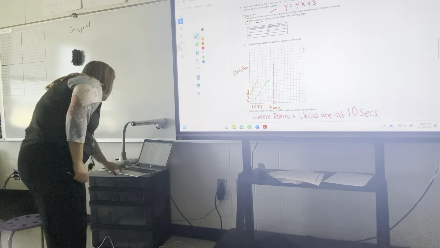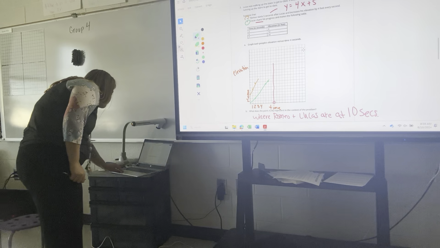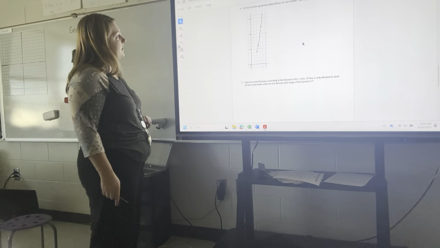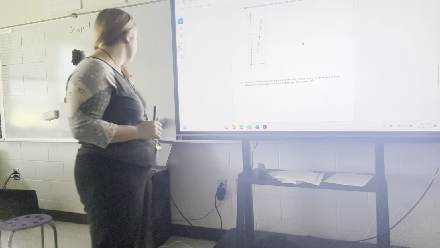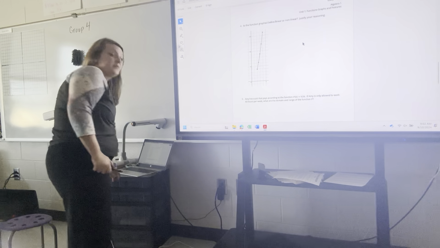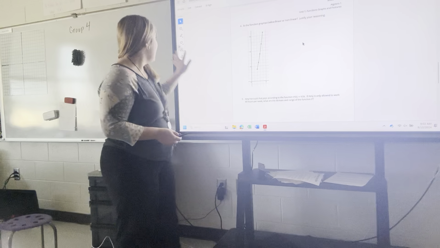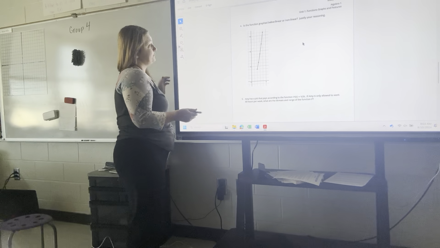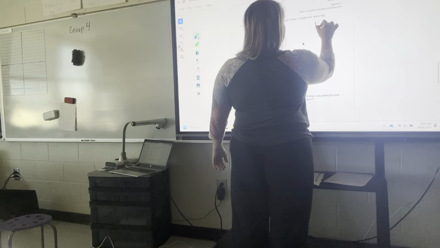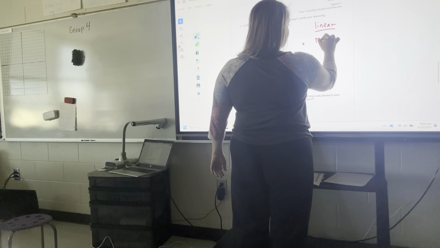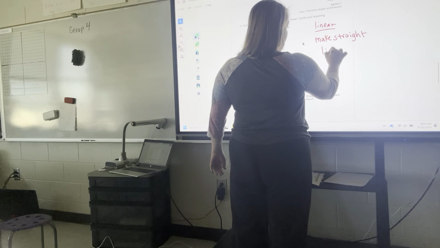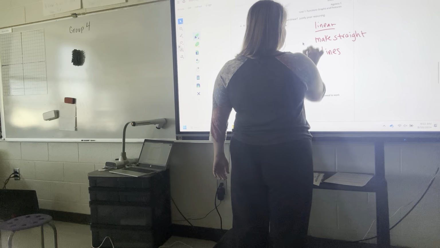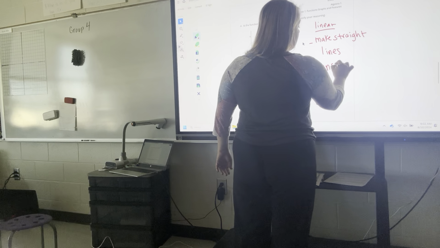Now we're on to number 4. Is the function graph below linear or nonlinear? Justify your reasoning. So, linear has 2 properties. Linear equations make straight lines and have a constant slope.